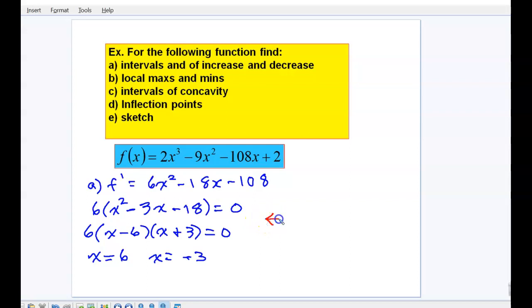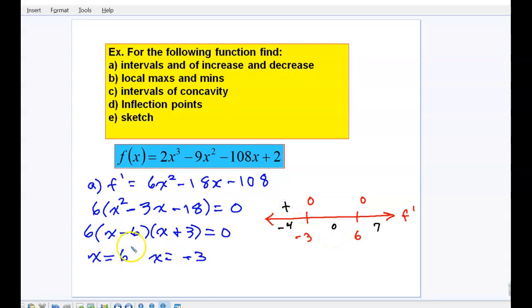So now I am going to do a number line test with my critical numbers of -3 and 6. If I test a number to the left of -3, I use -4, a number in between would be 0, and then 7. -4 will make both factors negative, and negative times negative is positive.